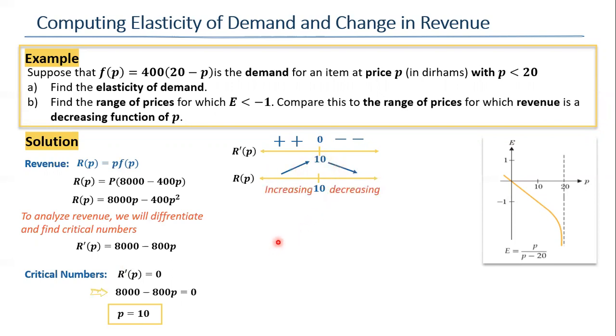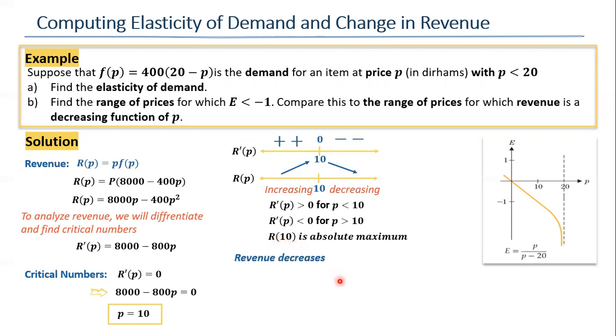So R of 10 is the absolute maximum. Revenue decreases when the price exceeds 10. When the price exceeds 10, the revenue will decrease.